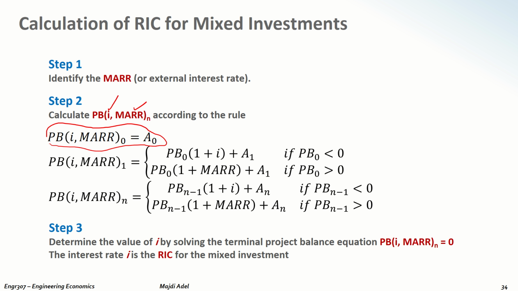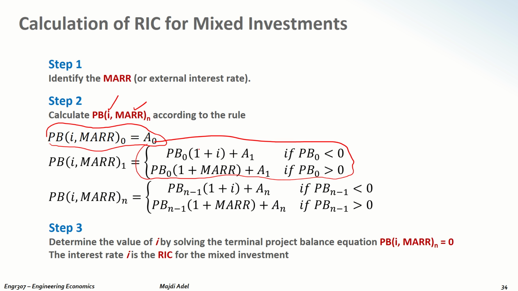Okay? Now for the years after year 1, we will apply this formula. It will be the project balance from the previous year multiplied by 1 plus I, or multiplied by 1 plus MARR, plus A_n.